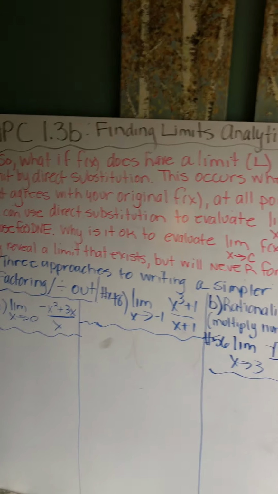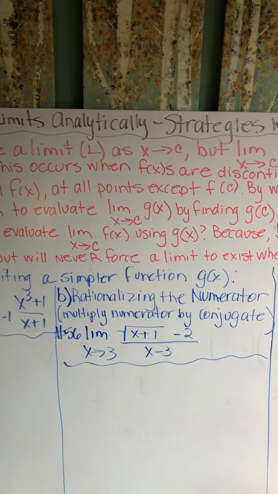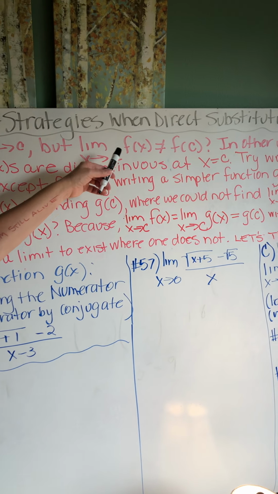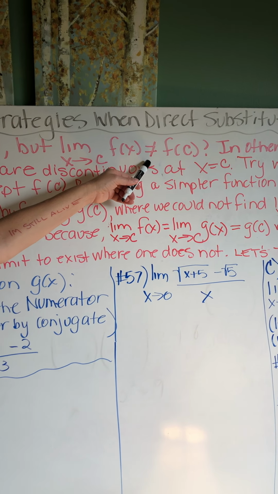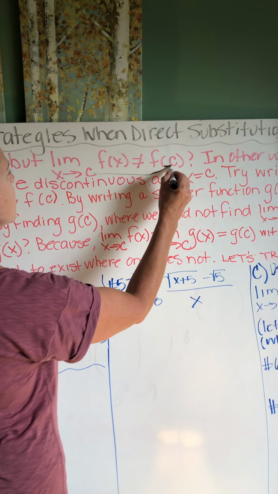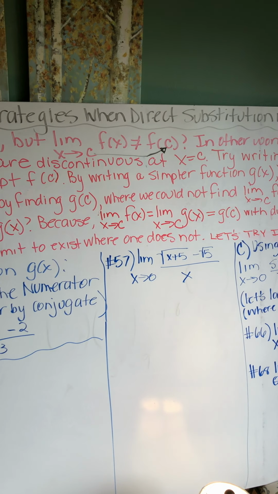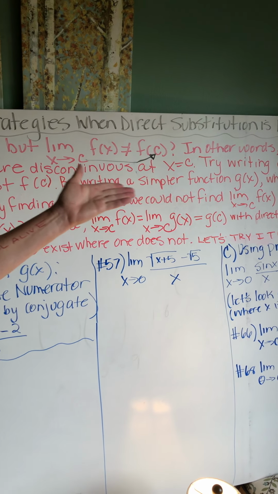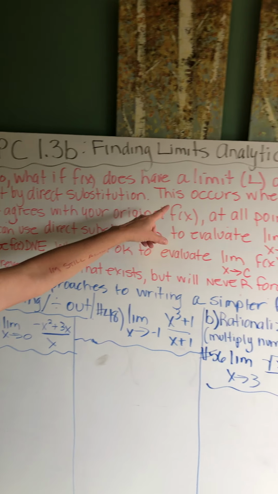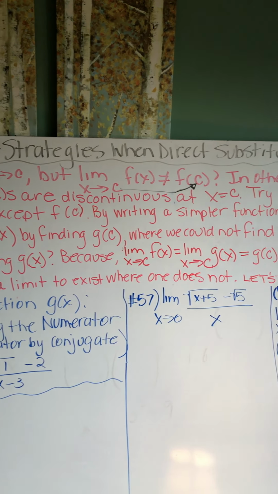So, number one, what if f of x does have a limit as x approaches c, but the limit as x approaches c of f of x does not equal f of c? In other words, when you try direct substitution by putting the c into the function, you can't solve the limit. So, in other words, you cannot solve the limit by direct substitution. This occurs when functions are discontinuous at x equals c.